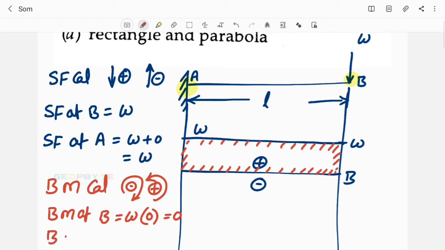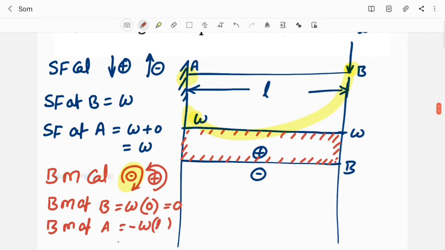Similarly, the bending moment at A equals minus W into L, because it is giving a clockwise moment, and clockwise moment I took as negative. So that is equal to minus WL. That is the bending moment.